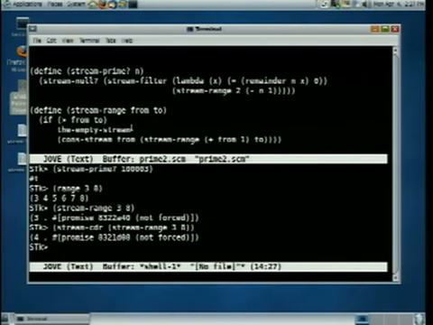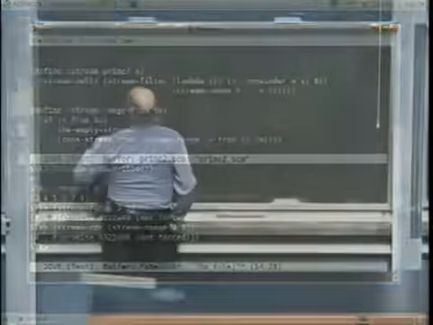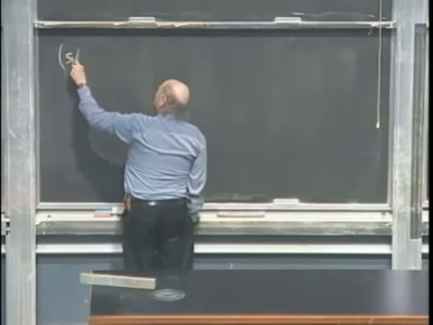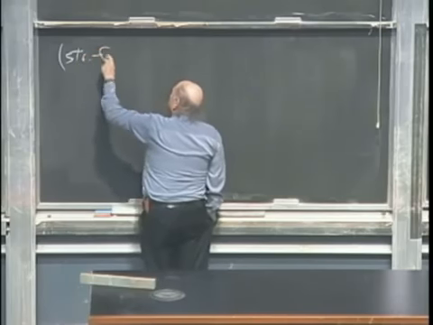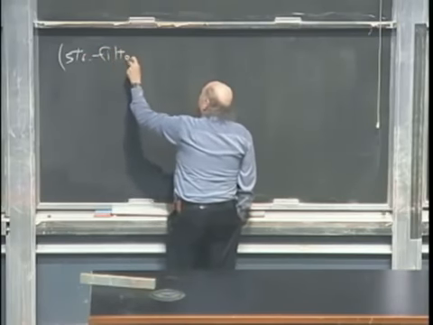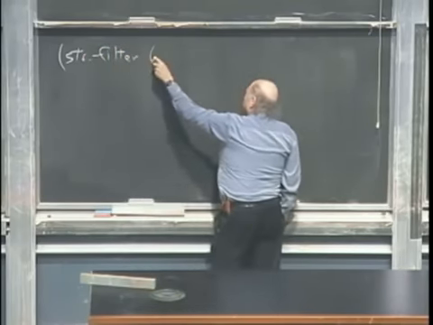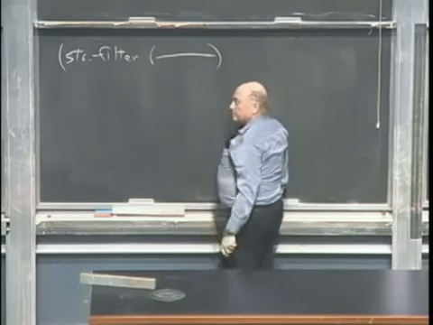So why does this speed up finding out whether 1,000,000 is prime? Well, what I do, so remember it's stream filter, some predicate, right?